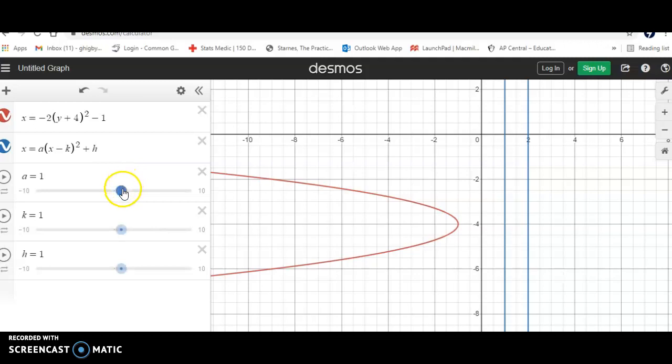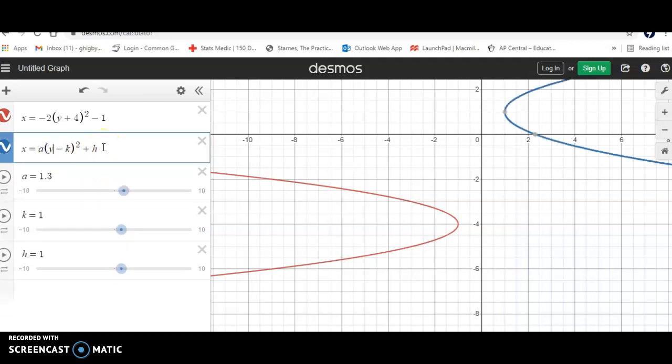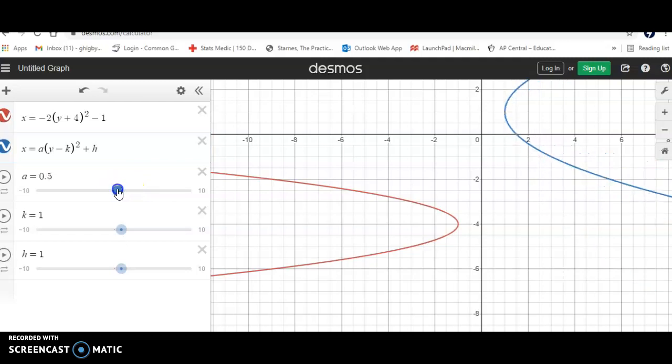And you can just see, well, if I have, whoops, this was supposed to say y. That's why it didn't make any sense. There we go. That's what happens if I move my a value to be positive numbers versus negative numbers. And you can actually see that -2 opens up to the left.